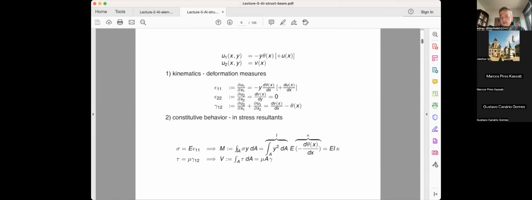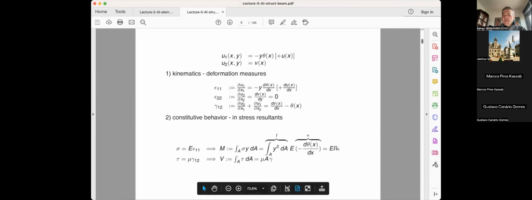So then I have a constitutive equation, of the form in continuum mechanics sigma equals E times epsilon 1, for the beam written as a moment stress resultant: M is equal to EI times curvature. This is the generalized stiffness: Young's modulus times the moment of inertia times what we call curvature. Curvature is the change of theta with respect to x.